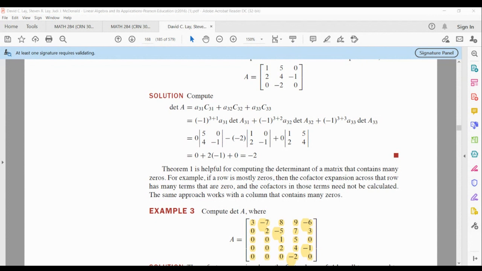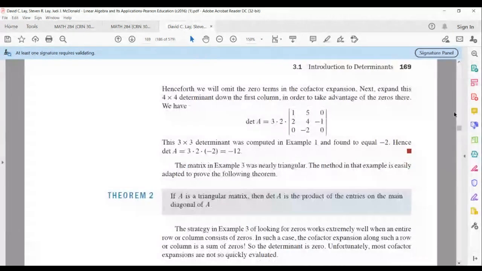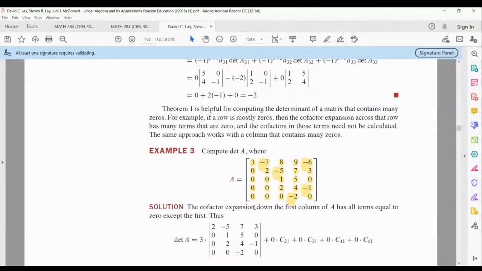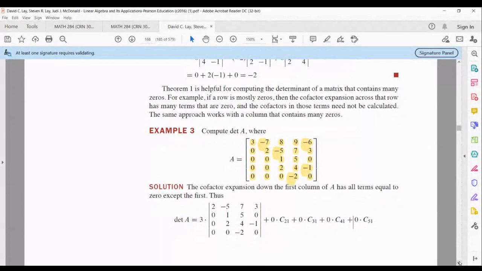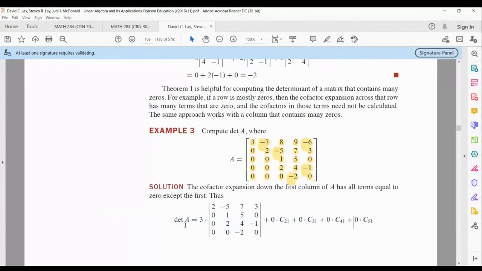Okay, let me see here, one moment. So the book says to expand down the first column of the matrix A. And if you do so, whoops, this is going to be your result here. Now I want you to look at that and make sure you're comfortable with that.